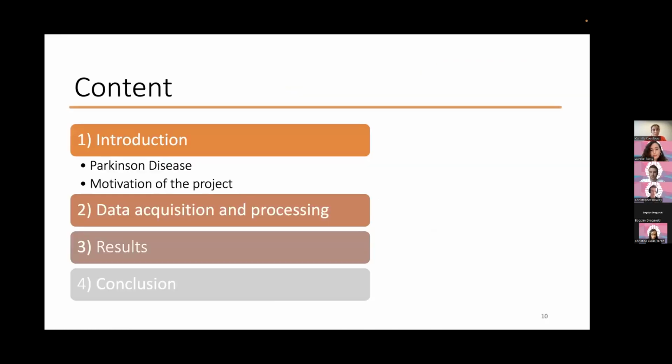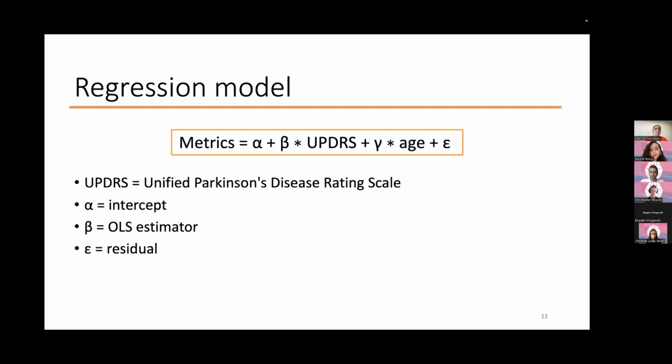So now that we extracted our metrics, we used a multilinear regression model to analyze the variation in our metrics. To do so, we used our metrics as the variable to explain, and we tried to explain this variable thanks to the UPDRS.